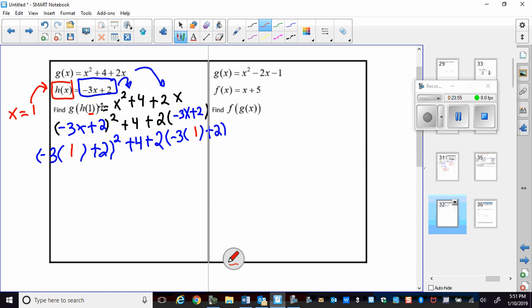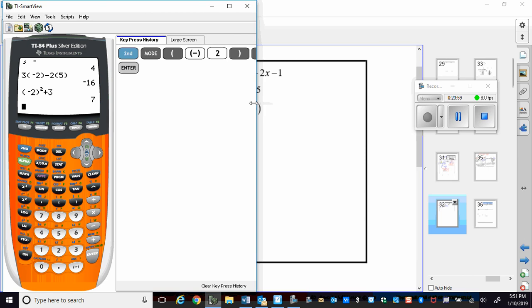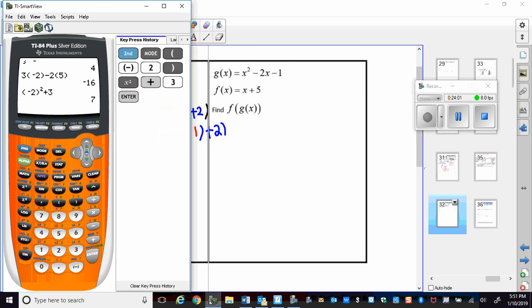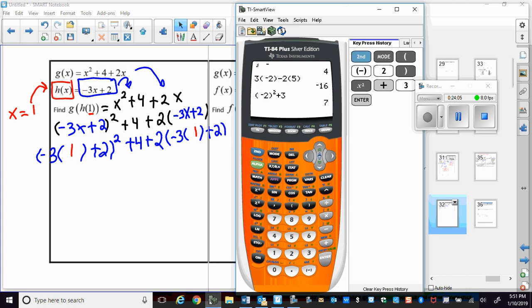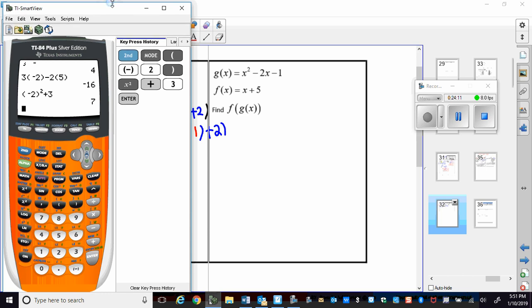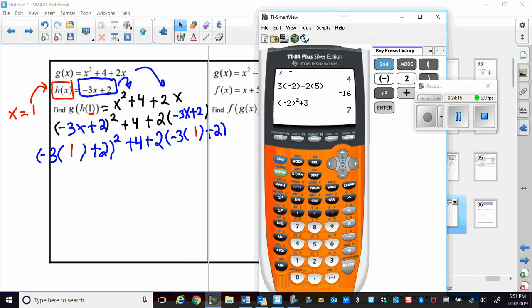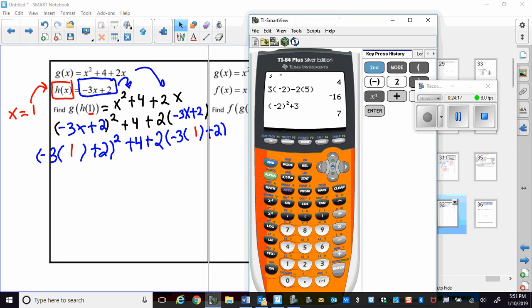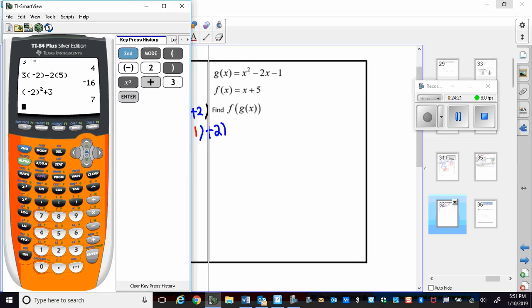Now what you can do to make this easier for yourself is to go to your graphing calculator and put this in. Hold on a second.